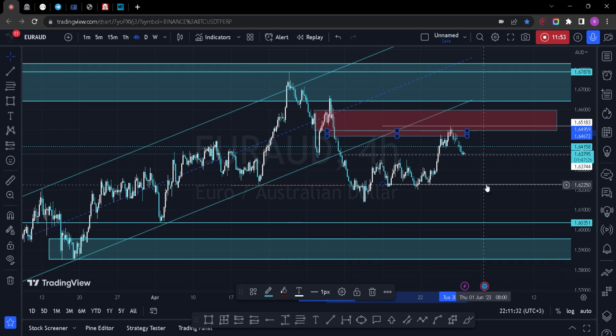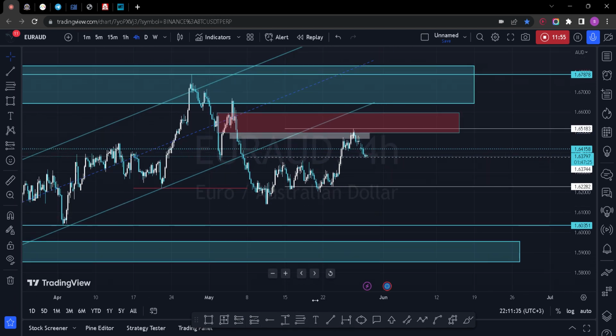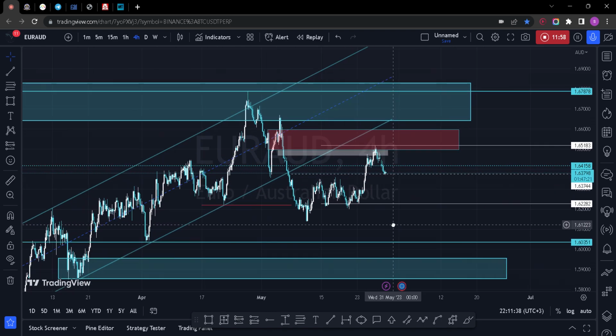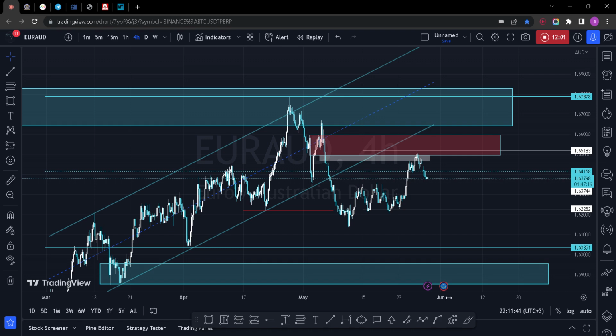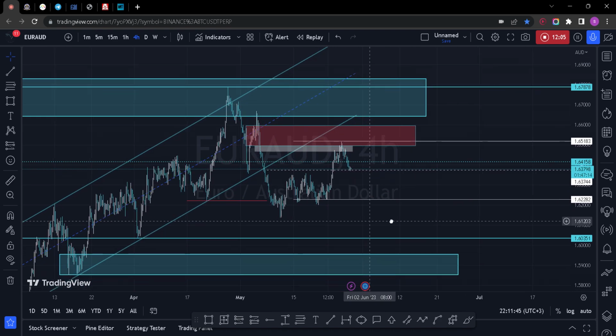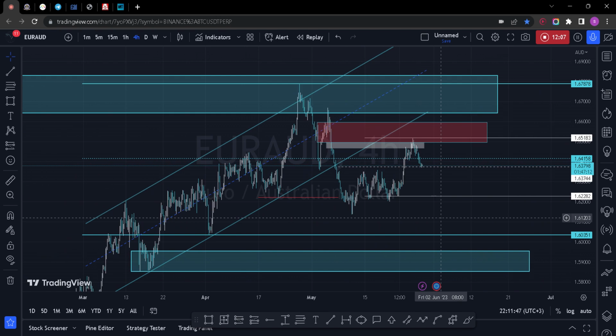That's that. That combination of price action gives me a reason to enter a short.